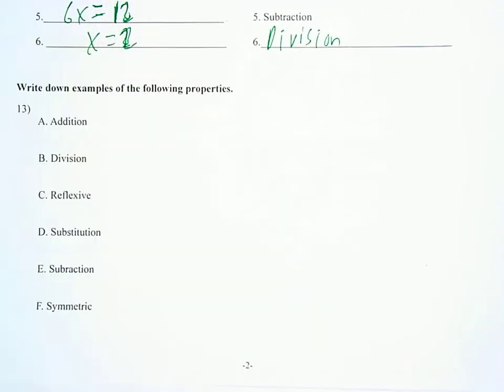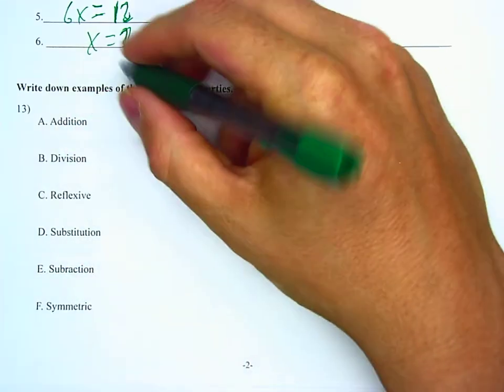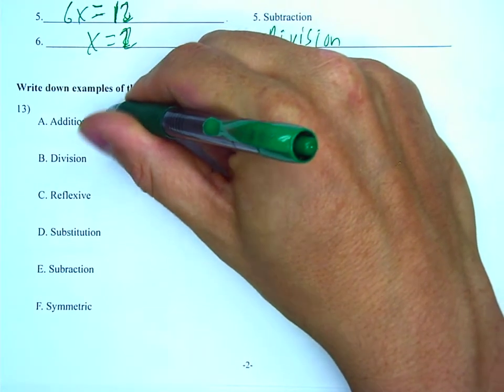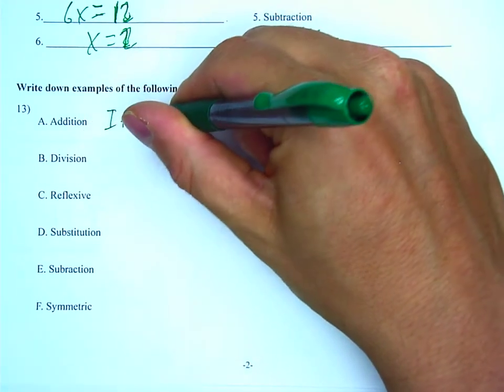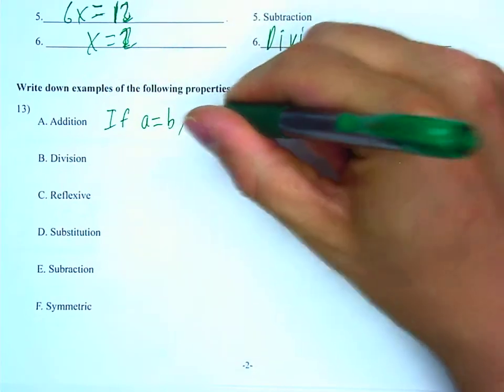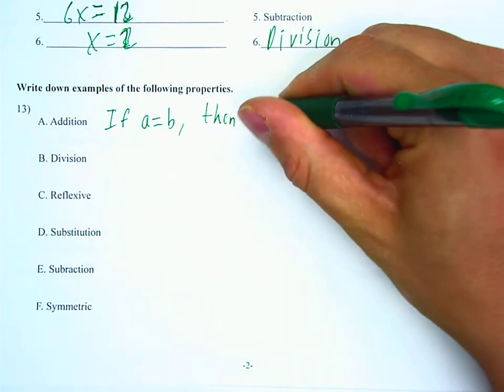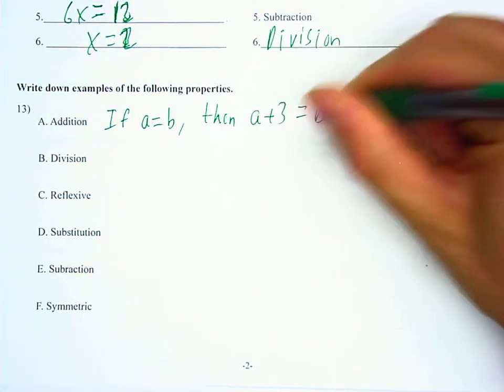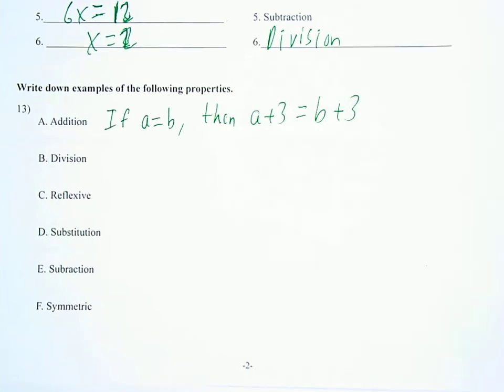All right, moving on to the last thing on this page. Last thing on the test as well. Write examples of the following properties. The addition property of equality. So what I'm looking for here is something to the effect that if A is B, then A plus C is equal to B plus C. So it doesn't have to be written exactly in that particular order.